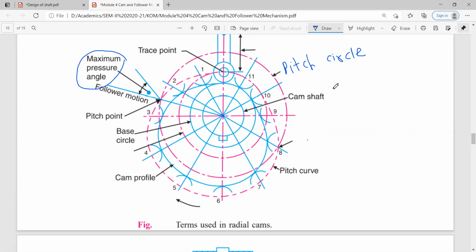Pitch point is related to pressure angle, and pitch circle is a circle with the center of the cam as its center and radius as the distance between the center of the cam and the pitch point. Getting pitch circle?